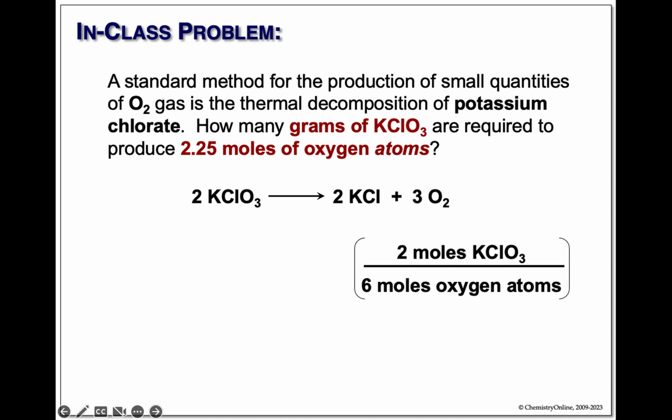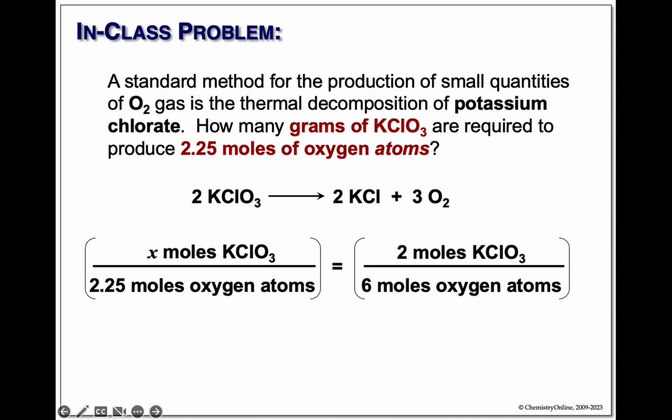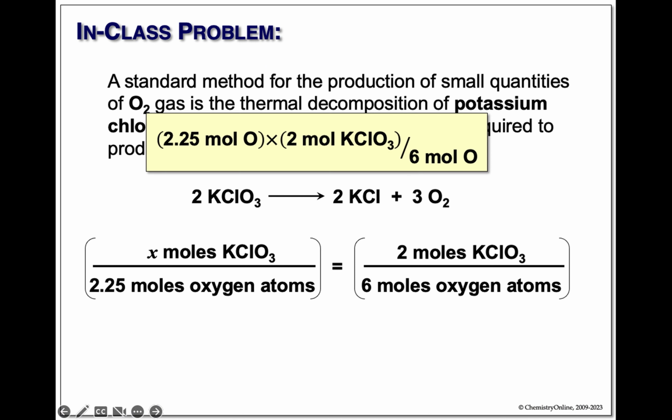Unknown number of oxygen atoms, and grams or moles of KClO3 as our unknown. Once again, the math. 2.25 times 2 divided by 6. Moles of oxygen atoms cancel, and we get 0.75 moles of KClO3.